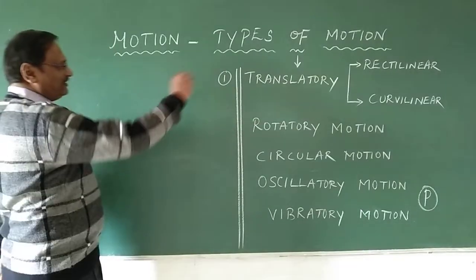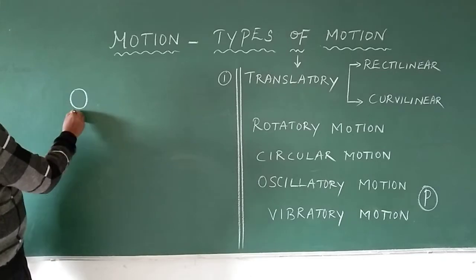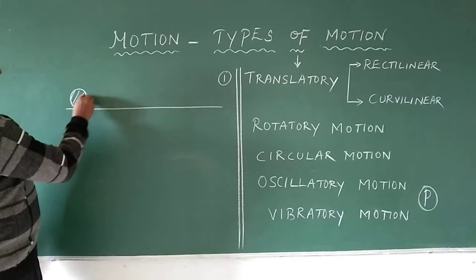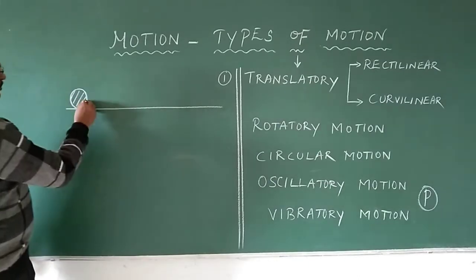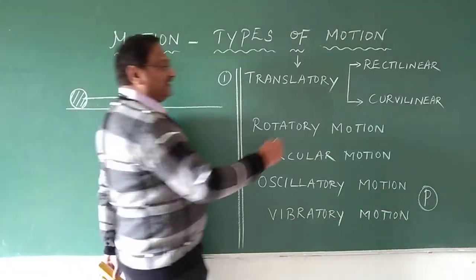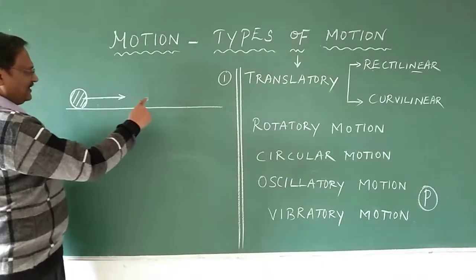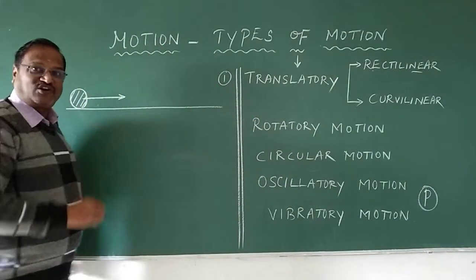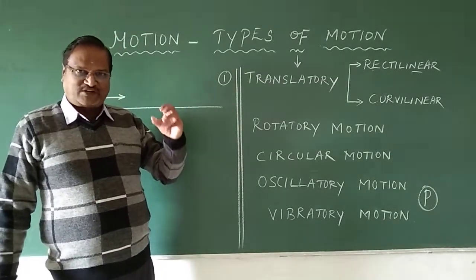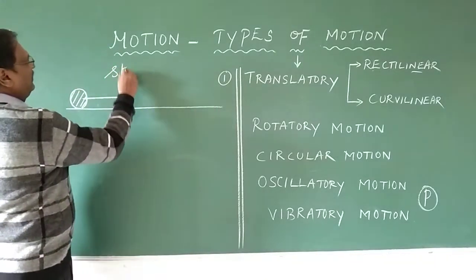Let us see what is rectilinear motion. You think this is a ball and this is the road, and in rectilinear motion the ball will go in a straight line. Rectilinear means straight. Recti means in a straight line. Rectilinear motion means the body moving in a straight line.